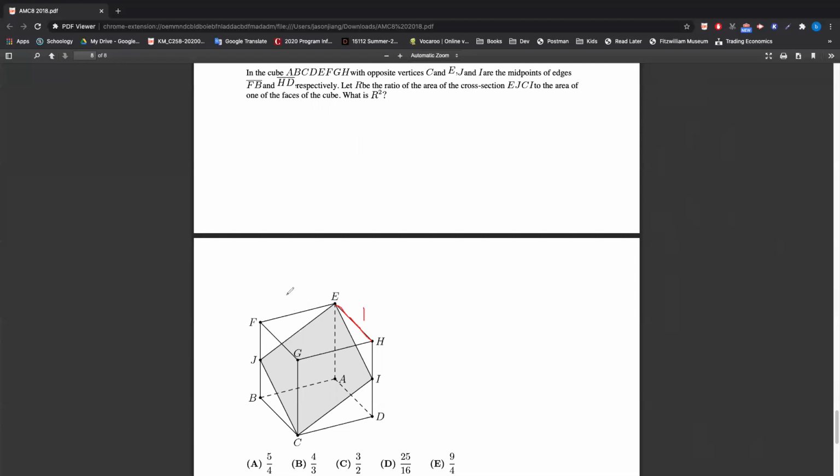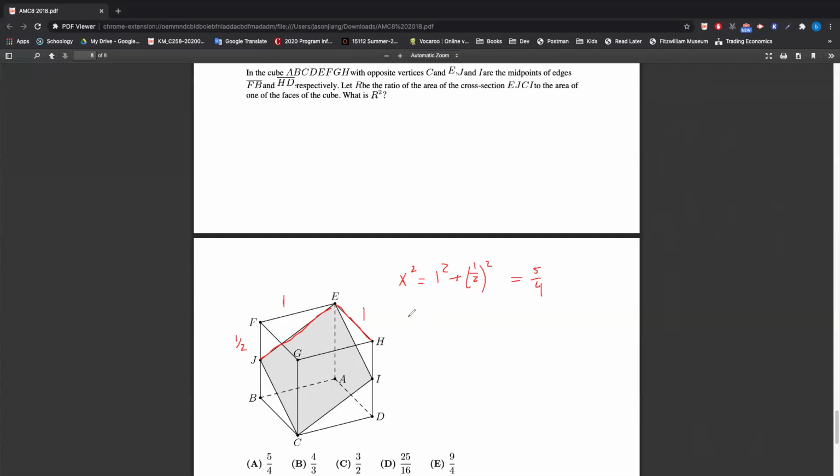So let's see what this is. EF has side length 1, and FJ has side length 1/2. So we can use the Pythagorean theorem now to find this side length. Cool. Okay. X squared, the side that we don't know, is equal to 1 squared plus 1/2 squared, which is also equal to 5/4.